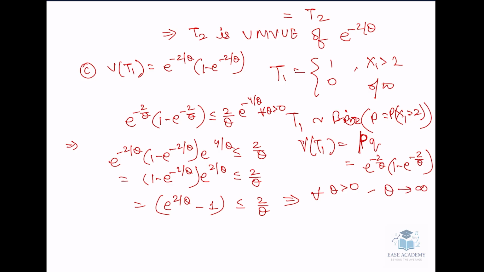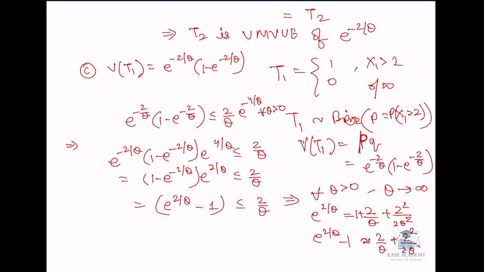If it is true for large theta, then we can easily say. So for theta tending to infinity, e to the power 2 by theta can be written as 1 plus 2 by theta plus 2 square by 2 theta square.